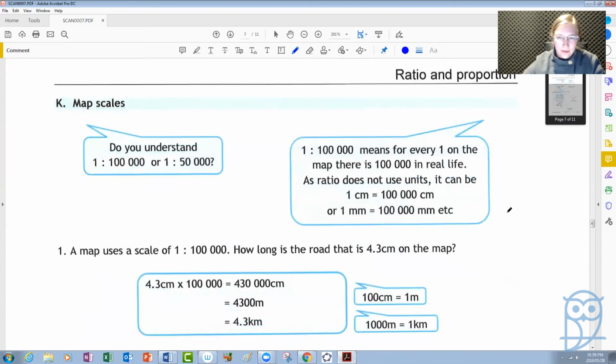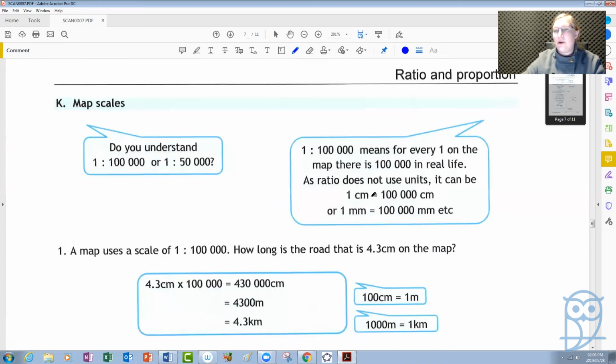So we've got about a minute left, so I'm quickly going to go through map scales. If you've ever seen a map, then you get this little scale, 1 to 100,000, 1 to 50,000, something in the corner. If you go onto Google Maps, you can see this scale. So what this means is that if we have 1 centimeter on the map, it is 100,000 centimeters in real life.